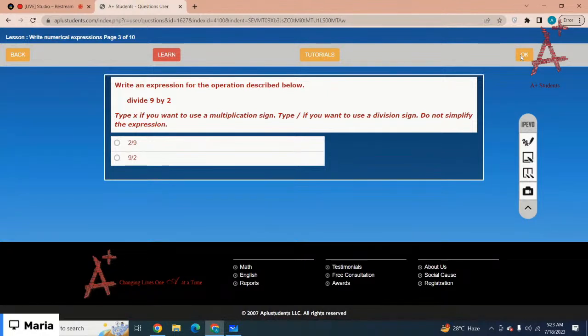Write an expression for the operation described below. Divide 9 by 2. So which is the correct option? 1 or 2? Divide 9 by 2. Which is the correct option? 9 by 2. Option number 2 is the correct option. Got it? You have to divide 9 by 2. So just put the division sign between 9 and 2. So it would be option number 2.